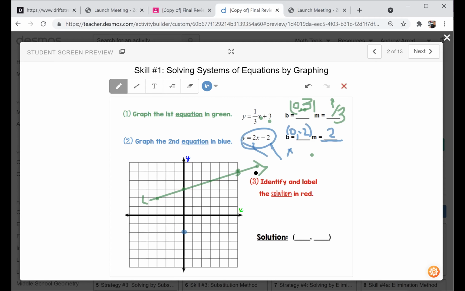But if it's not a fraction, what have we learned that we're going to help it out with? Always do what to it? Put a 1 under it. So that it's going to say up 2 over 1.